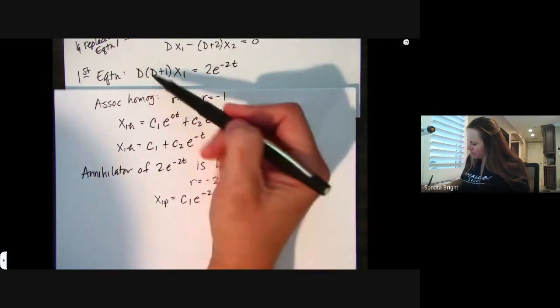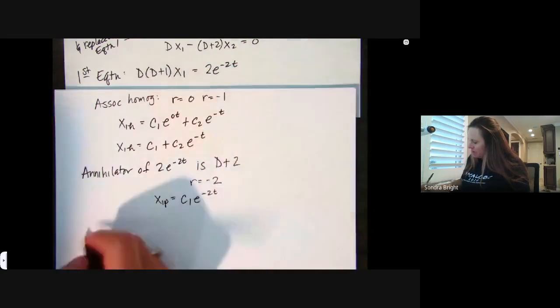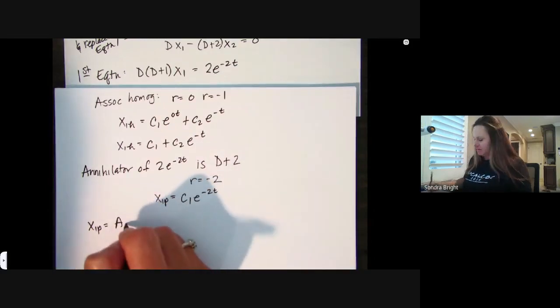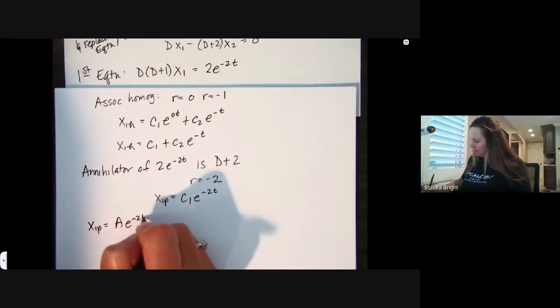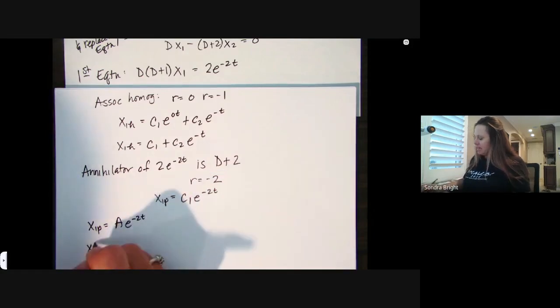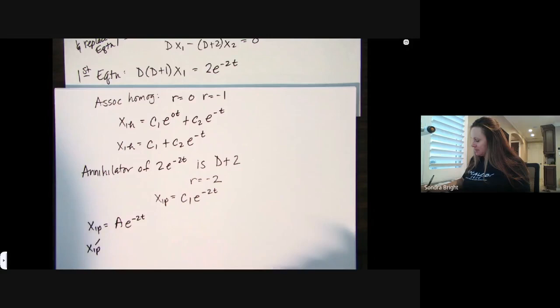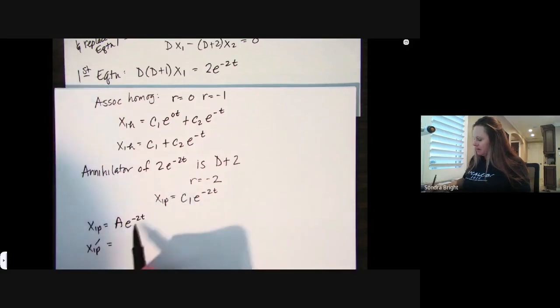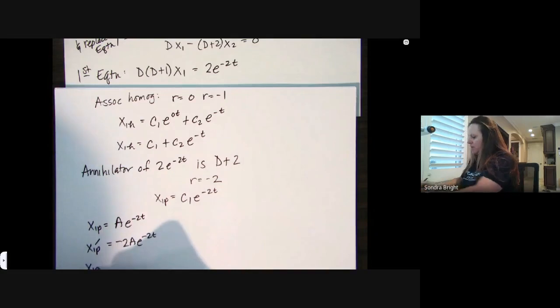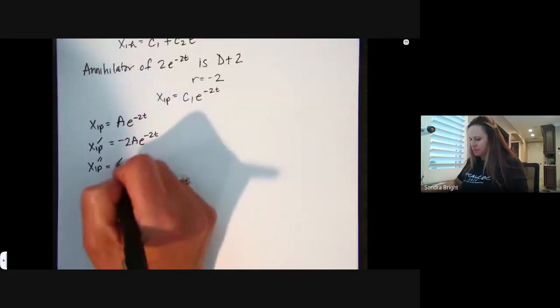So x1 particular would just be A times e to the negative 2t, the first derivative would be negative 2A e to the negative 2t, and the second derivative would be a positive 4A e to the negative 2t.